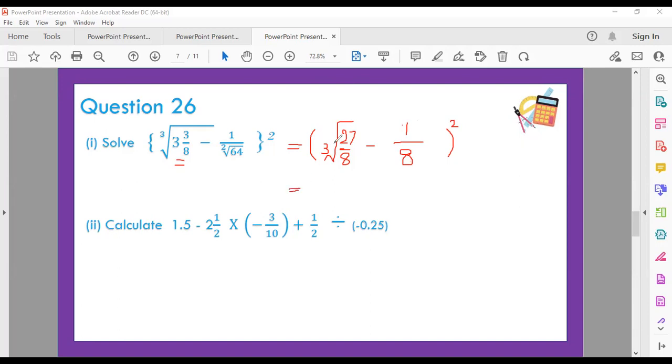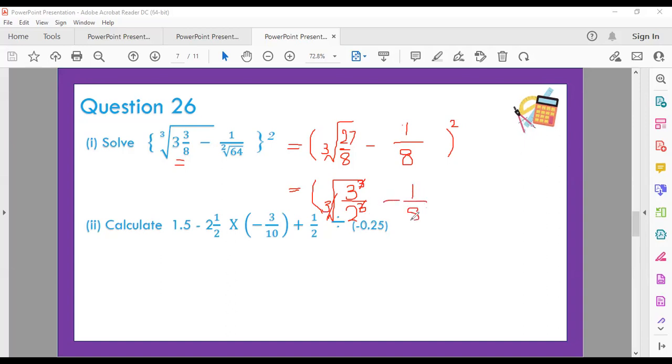Now you're going to work with making this cube root disappear. How would you do that? You write your cube root, and remember, 27 is 3 to the power of 3, and 8 is 2 to the power of 3. You change it, because once you have those powers, it will cancel off with the cube.